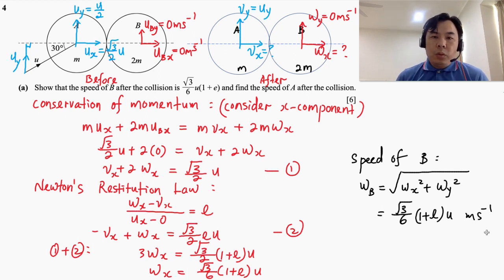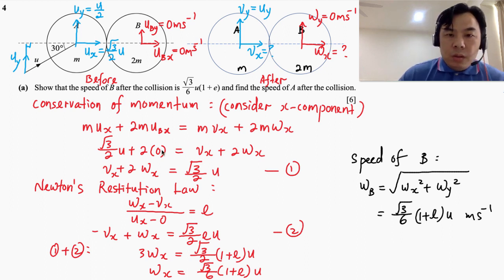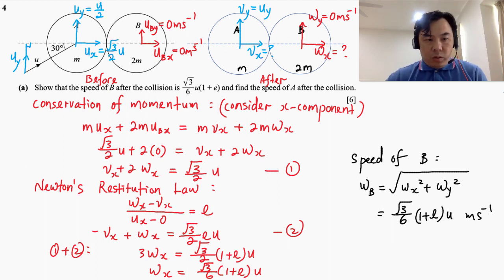Now next we're going to make use of all the results that we have to find out the speed of A after the collision. But at this point of time, after solving for Wx, we can also find Vx here. So I'm going to work out the Vx. Okay, maybe I'm going to work out the Vx shortly on top here.